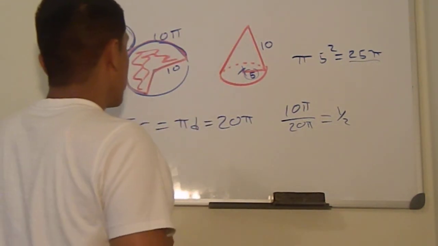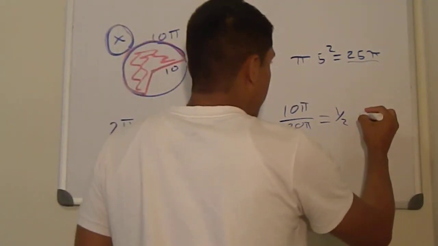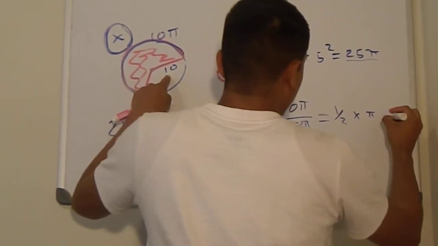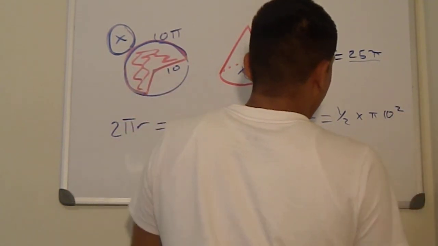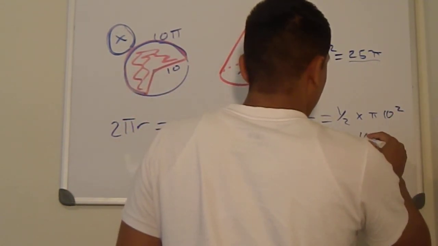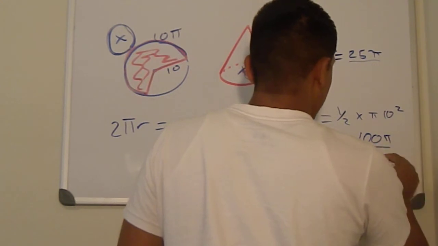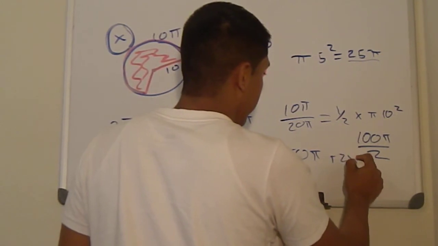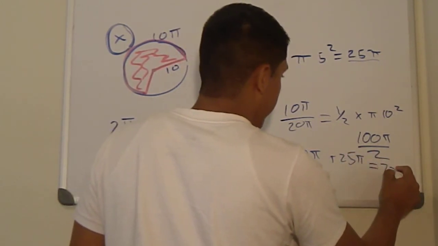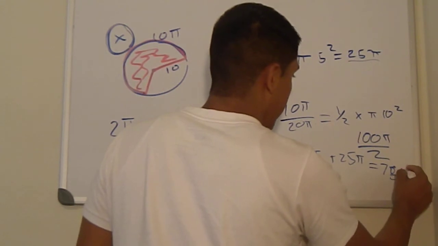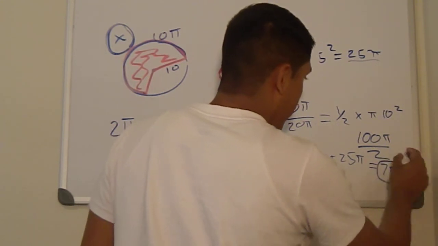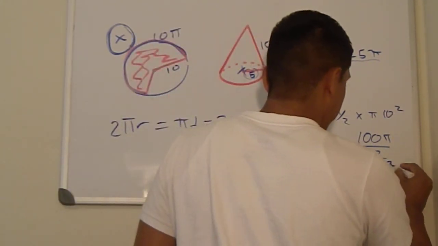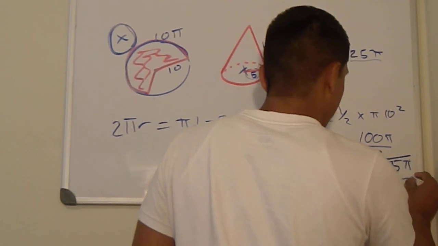So now pi r squared, multiplied by pi r squared, 10 squared, which would be 100 pi, divided by 2, which would be 50 pi, plus the 25 pi equals 75 pi. That got really sloppy at the end. Forgive me for that. There it is.